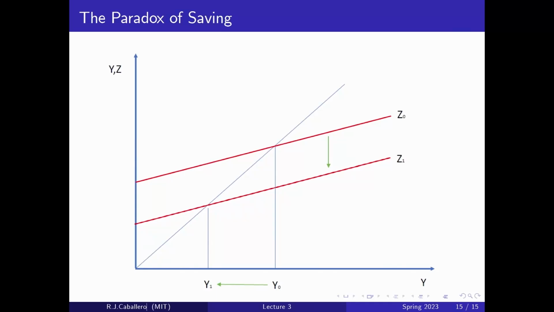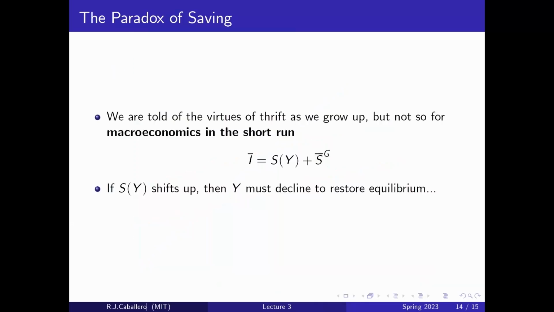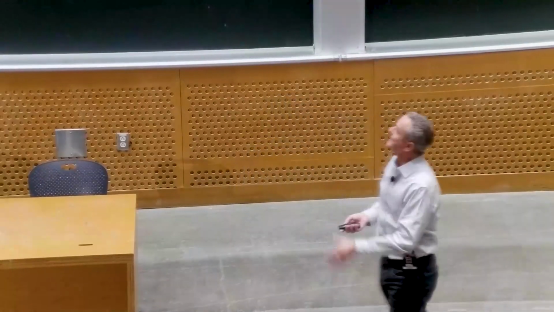So this is the way we characterized it before. This is a slightly different way of characterizing, which is what gives rise to what is called the paradox of saving, because suddenly you decide to save more, supposedly to be good. Well, in the short run, it's not really good. It causes a recession, okay? Anyways, it's cute, but it may show up in your future, so I wanted to remind you.